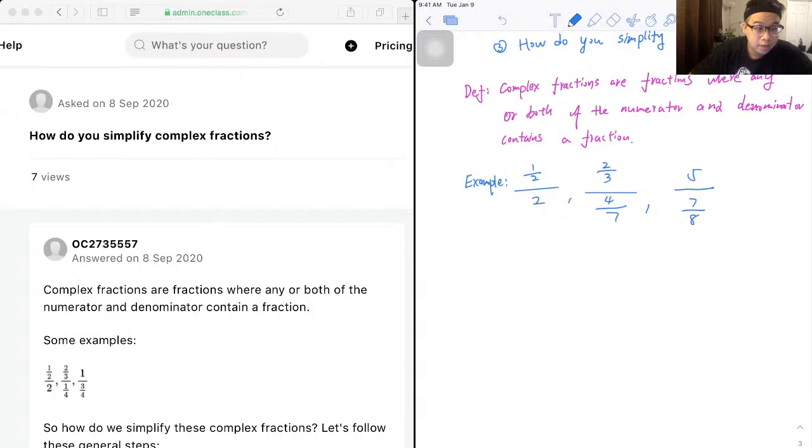Yep. So these are what we call complex fractions.